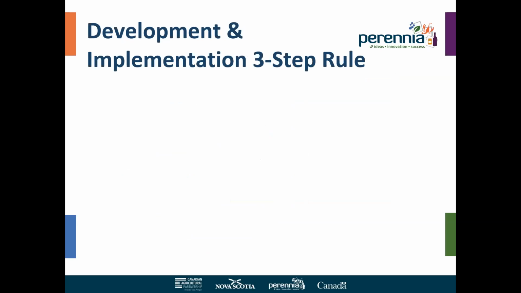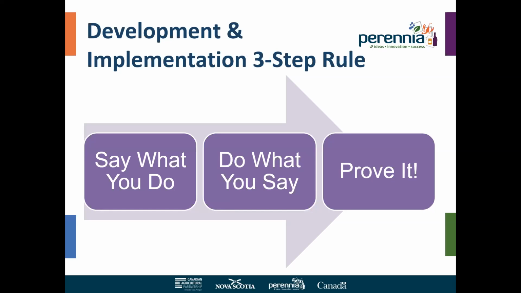So how do you develop and implement food safety and quality management systems? It's a 3-step rule. So first of all, you have to say what you do, do what you say, and prove it. So when it comes to say what you do, this refers to writing down everything that you do in your facility.